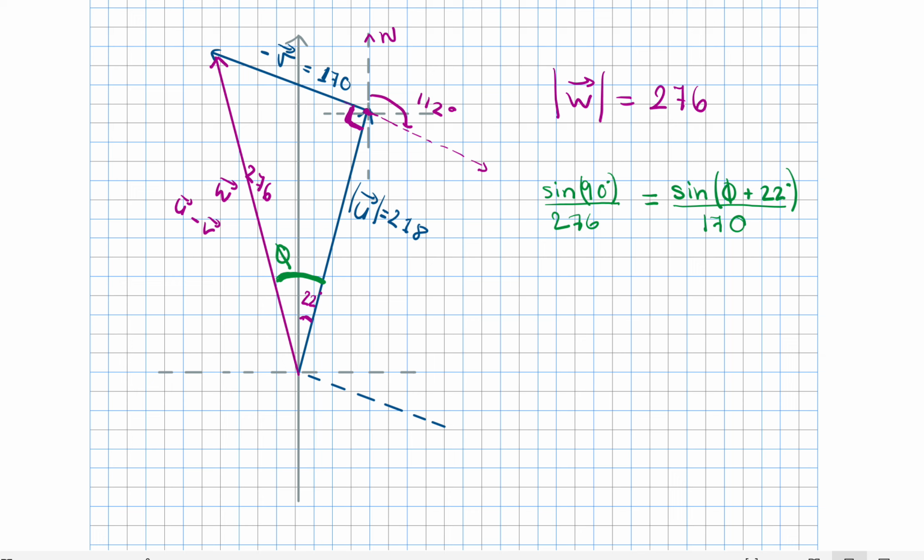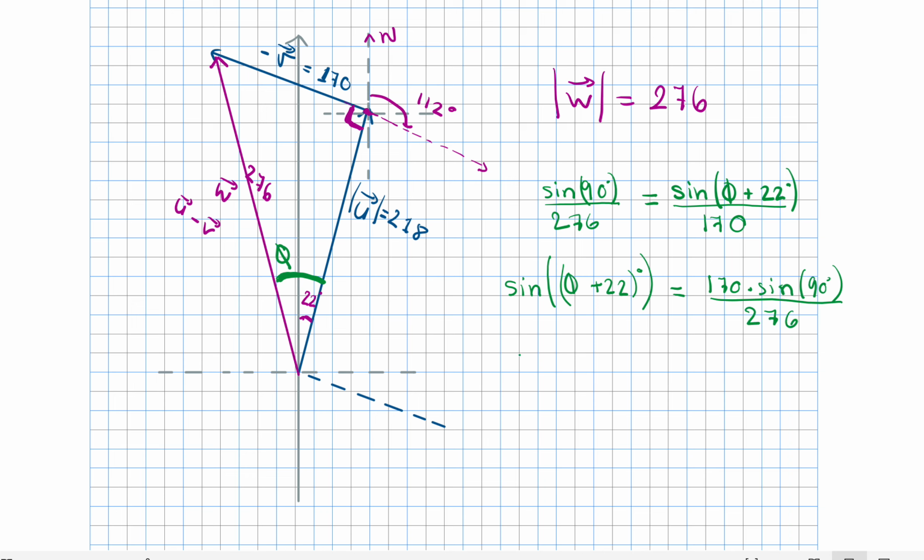And so when you're going to solve that, you're going to get sine of phi plus 22. All of that is in degrees. It equals 170 times the sine of 90, which again we already know is 1, divided by 276.